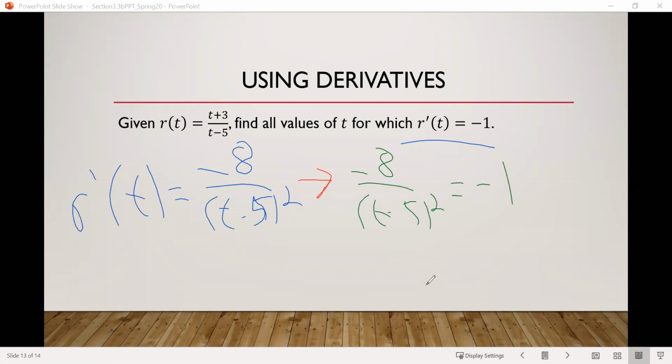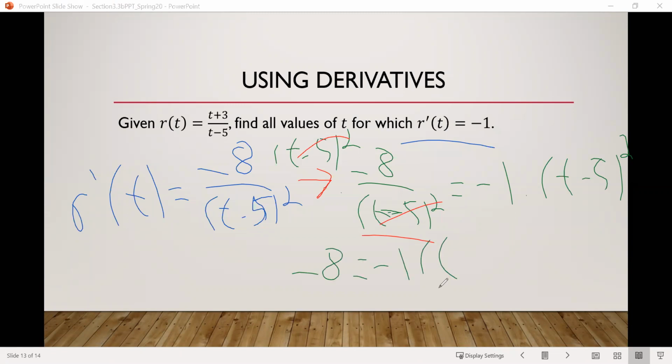Now, in order to solve this, we notice we have the t minus 5 squared in the denominator, which we do not want. So we multiply by t minus 5 squared to get it out of the denominator. When we do that, the t minus 5 squareds on the left will cancel out, leaving negative 8 equals negative 1 times t minus 5 squared.